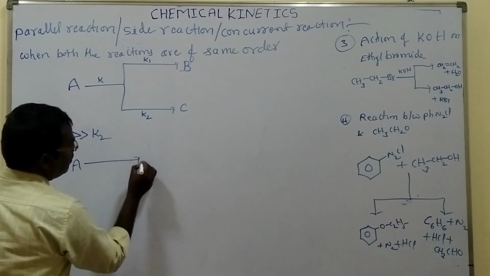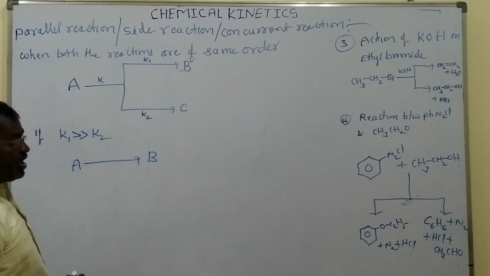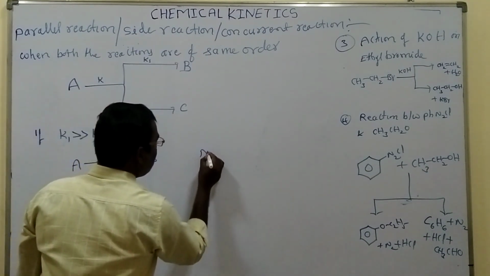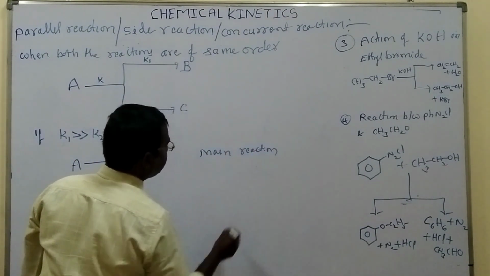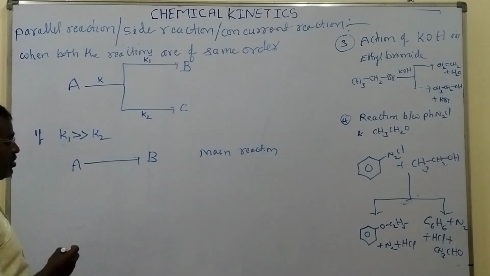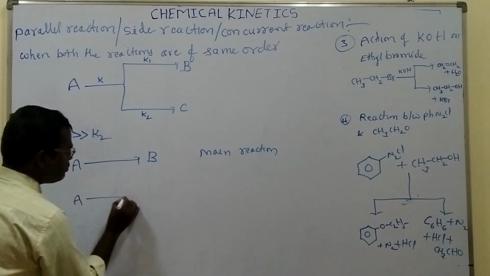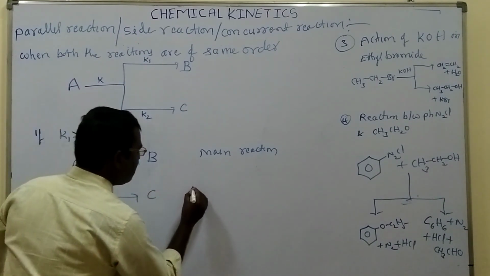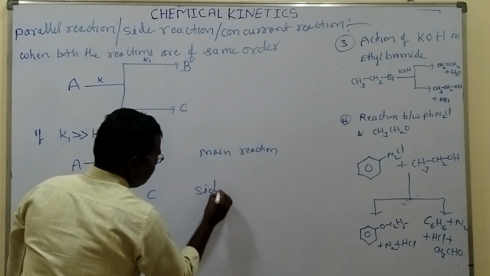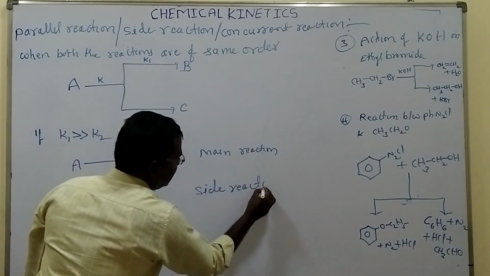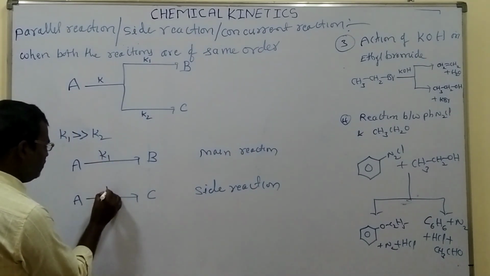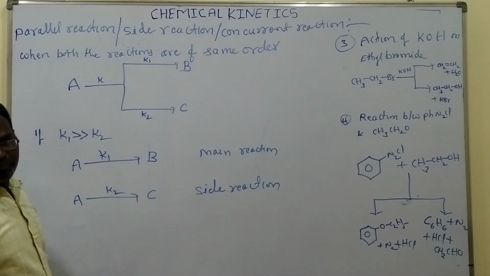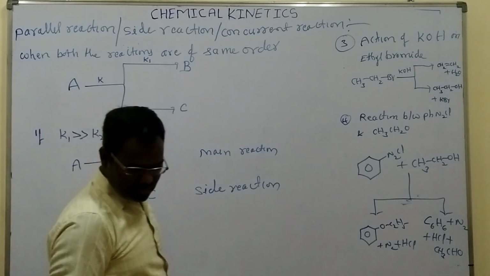A gives B. This is the main reaction, that is the main reaction, whereas A gives C. It is the side reaction. This is K1 and this is K2.